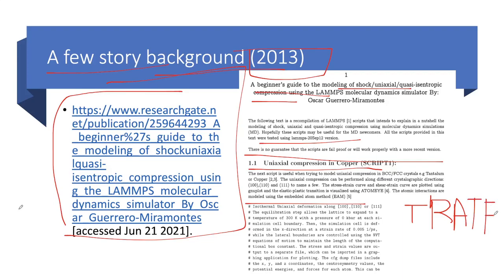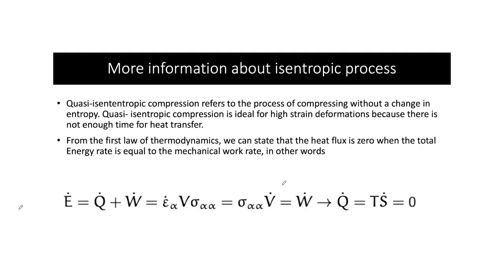What I did at that time was go into one of these profiles in LAMMPS and enter my strain rate form, and that way I was able to compress quasi-isentropically. But right now you don't need to run any hack, because LAMMPS already has the option to do quasi-isentropic compression without having to modify the program.